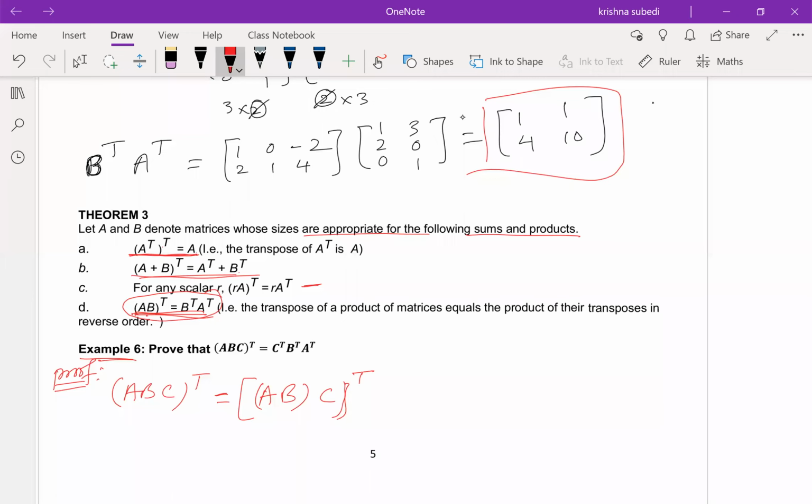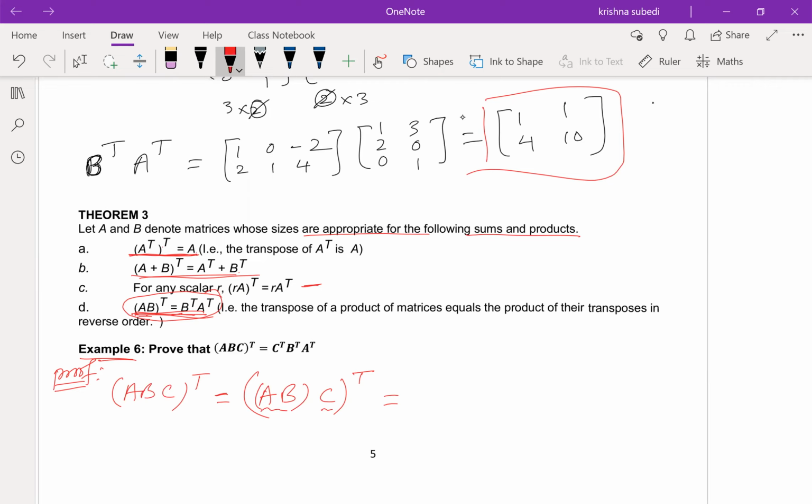Maybe I'll use this bracket, not that one, because it will sometimes be confusing with a matrix. Because when we have 2 items, then yes, we can reverse. Now there are 3 items, but we can actually put them as 2 items. This is 1 matrix and this is another matrix.